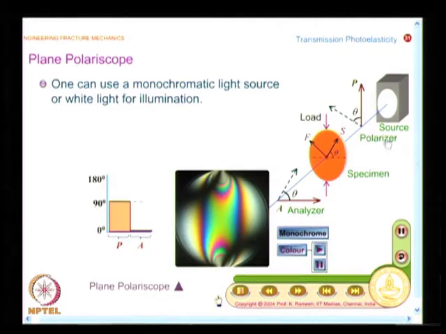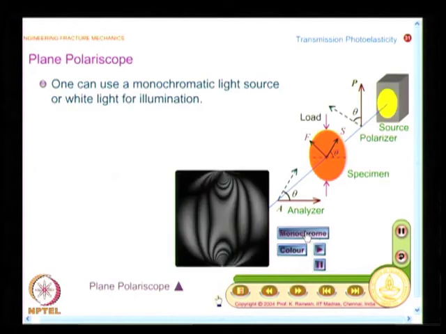When I put a white light, which is nothing but light source of multiple wavelengths, now I find one set of contours are colored, the other two contours that we saw, they still remain black. We will spend some time on looking at this again.